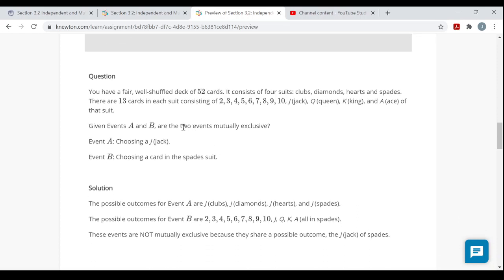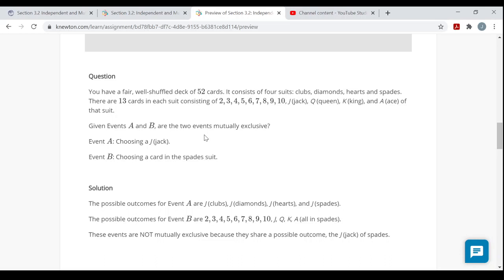The question is, are the two events mutually exclusive? So you see event A is choosing a jack, and event B is choosing a spade. If you're asking, are they mutually exclusive, that's asking, do they have any outcomes in common?